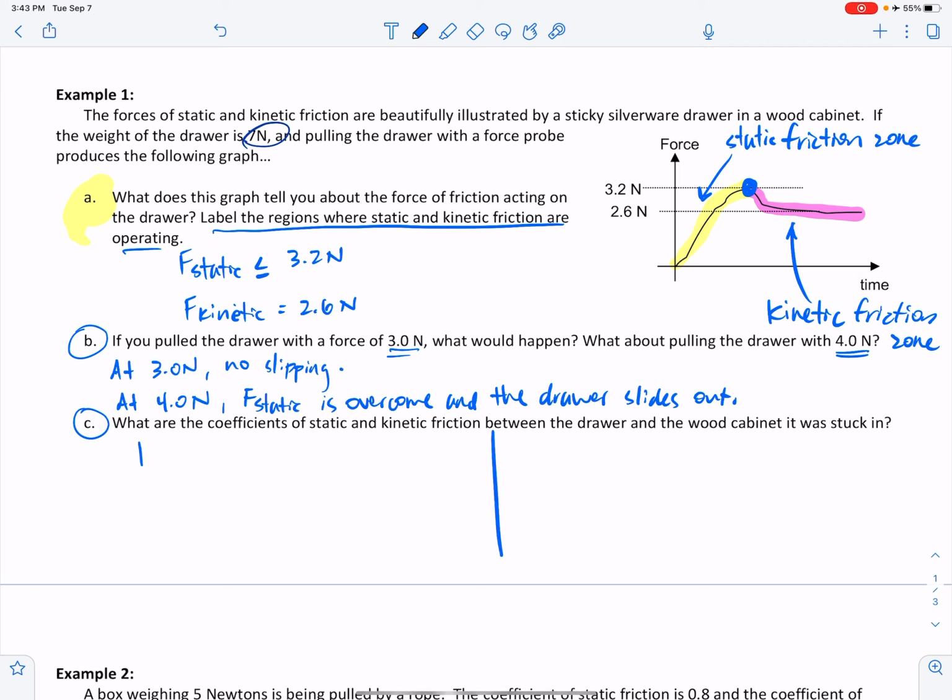And I'm going to start here with the equation. So static friction is equal to the coefficient of static friction times the normal force. And I'm going to say that's actually less than or equal to, right? Well, the maximum that static friction can be is that 3.2 newtons that we identified in part A. And then mu sub s is our unknown. And then our normal force was over here.